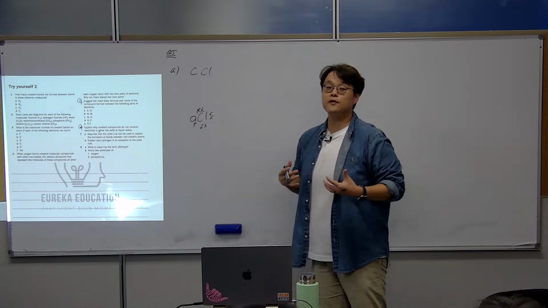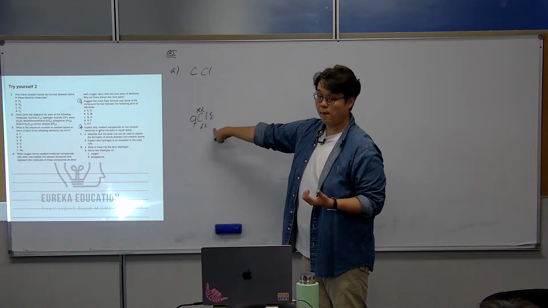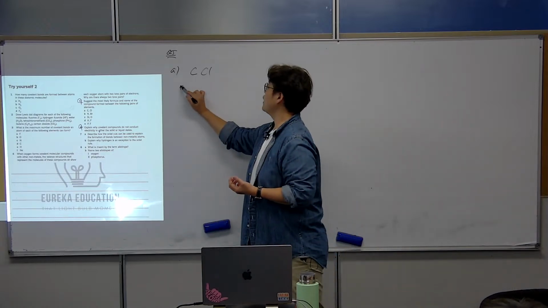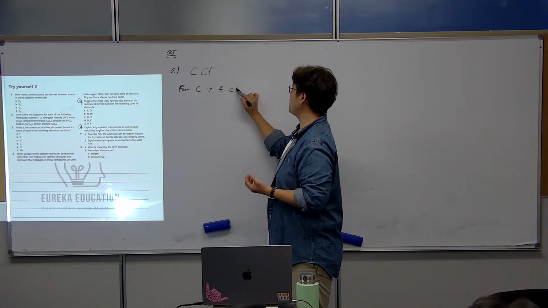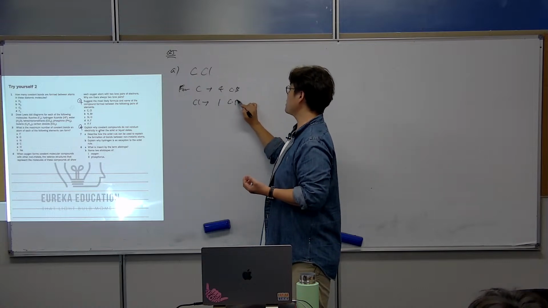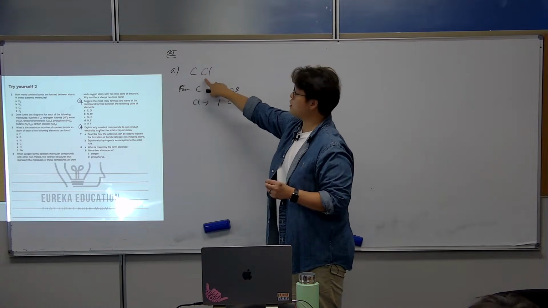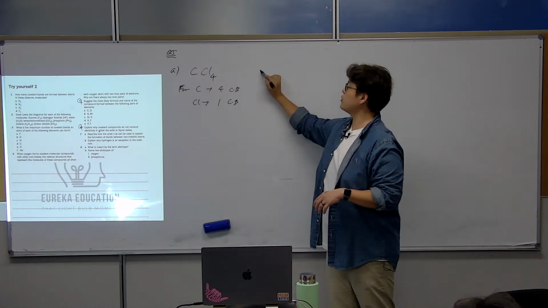So carbon can form up to 4 covalent bonds, whereas chlorine can form up to 1 covalent bond. So we need 4 chlorines to make a match. So it will look like this.